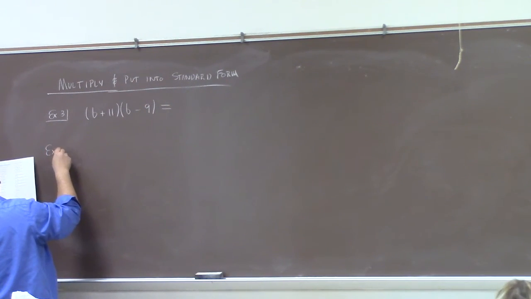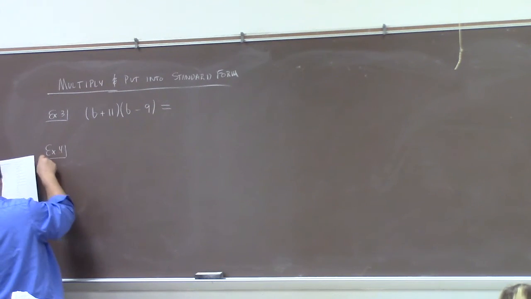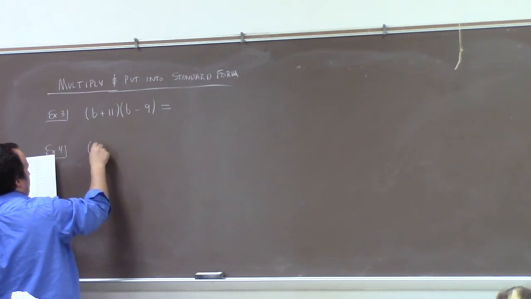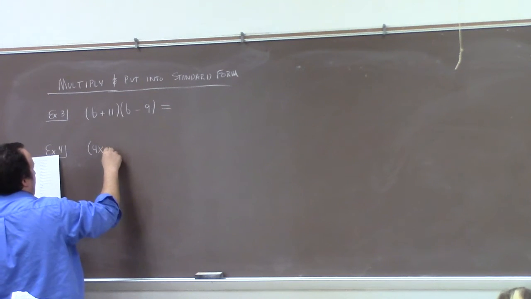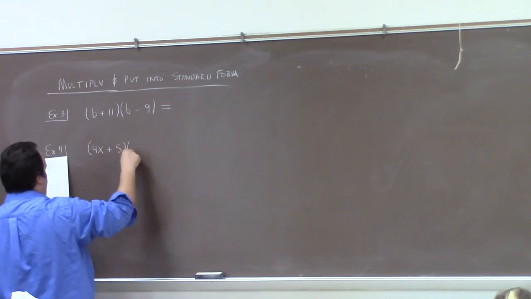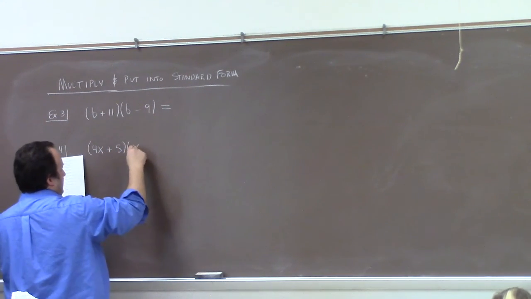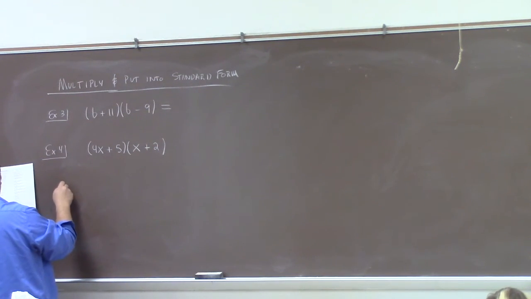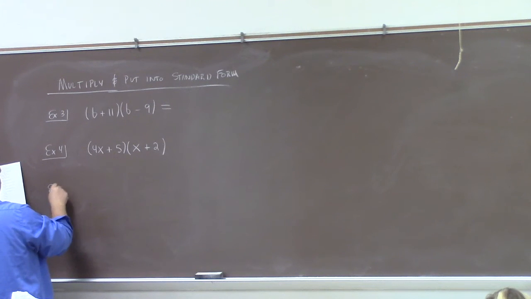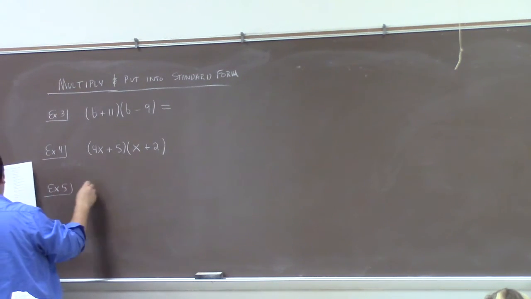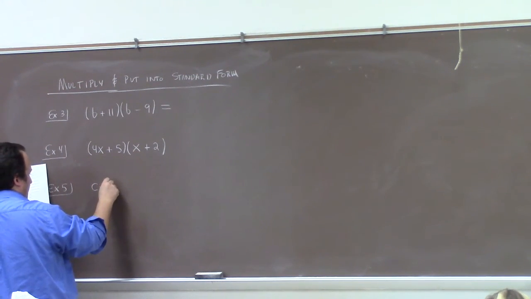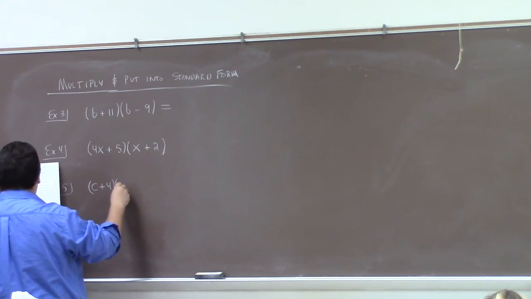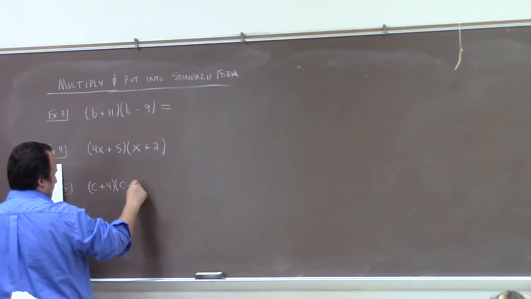Exercise 4, which is 4x plus 5 times x plus 2. Let's do exercise 5, which is c plus 4, c minus 4.